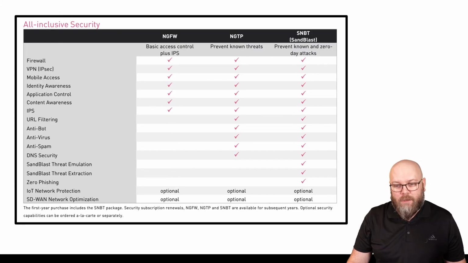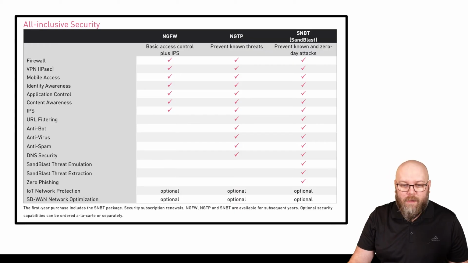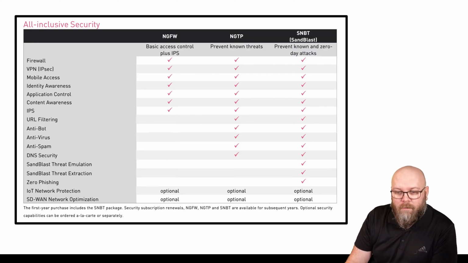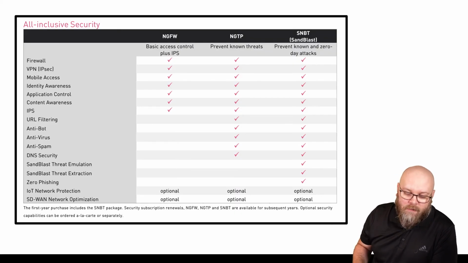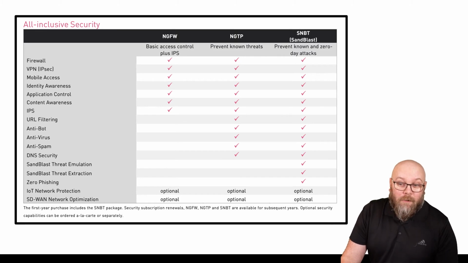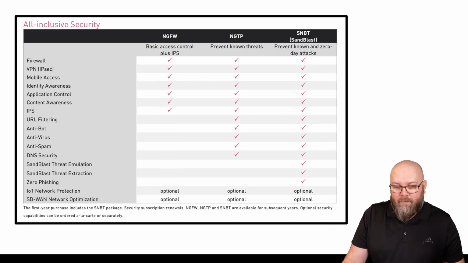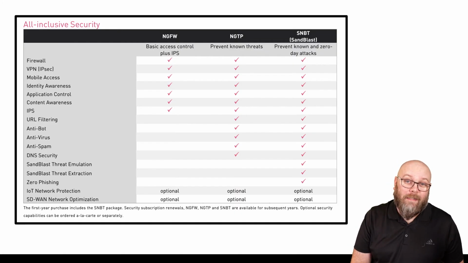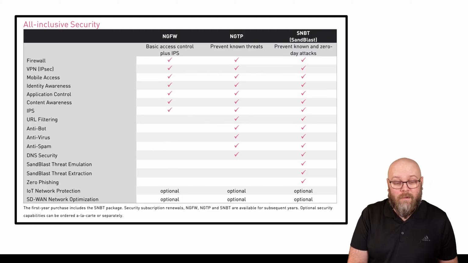So if you go for NGTP, yes, you get additional things. So for example, anti-bot, that's a really nice blade, and the new DNS security requires NGTP. So if you have something facing the internet and web surfing, etc., yes, NGTP is a good way to go. SandBlast One, you need to check, okay, for example if you're running VSX, is this even supported?